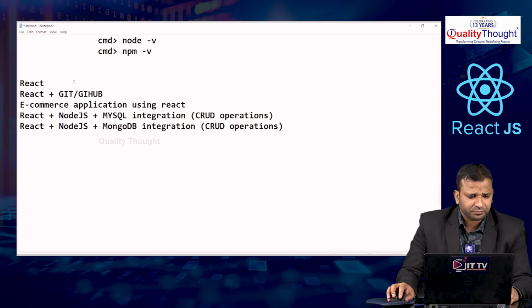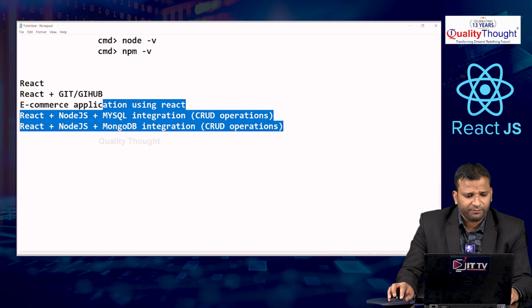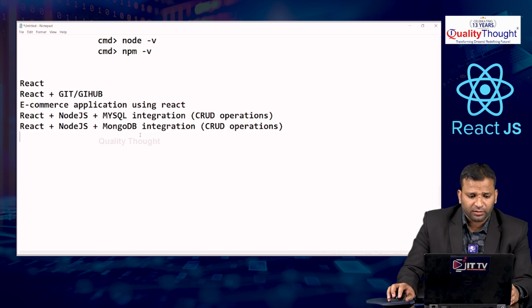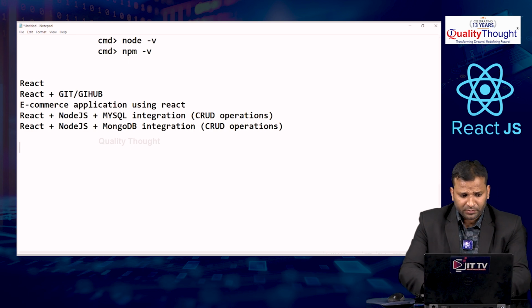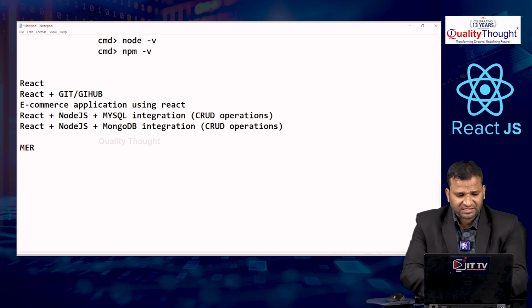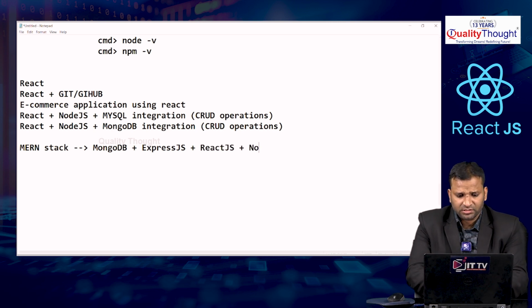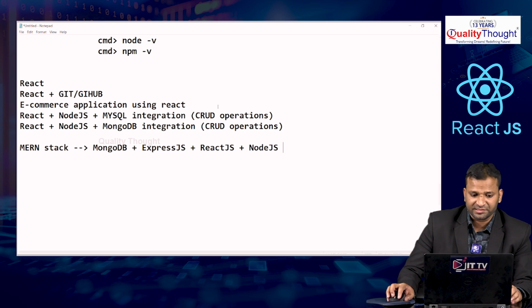And remember, if you do this, then definitely you can become a MERN stack developer, guys. MERN stack developer means M is MongoDB, E is Express.js, R is ReactJS, and N is Node.js.